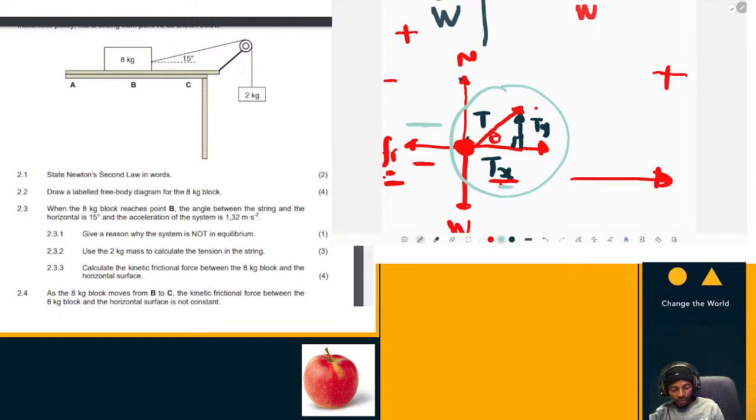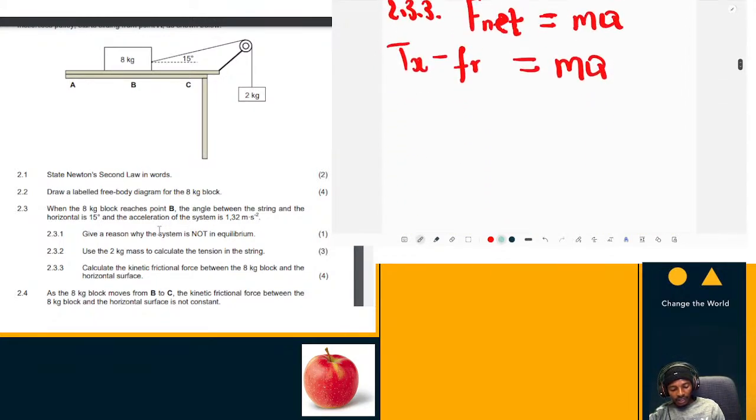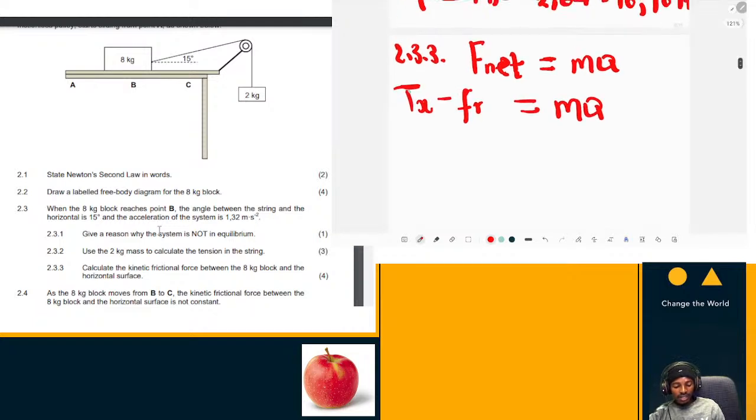Those are the two forces in the x direction, and they are affecting the motion of the system for the 8 kg block. This one is producing the acceleration, in the direction of the motion, and this one is opposing the motion. That is why it is negative.